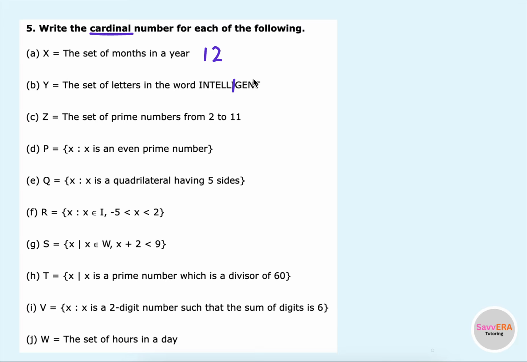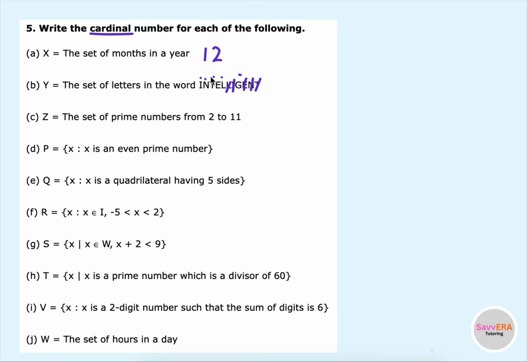N, so we cross this N out. T, so we cross this T out. E, so we cross this E out. L, so we cross this L out. So therefore we're just left with I, N, T, E, and G.